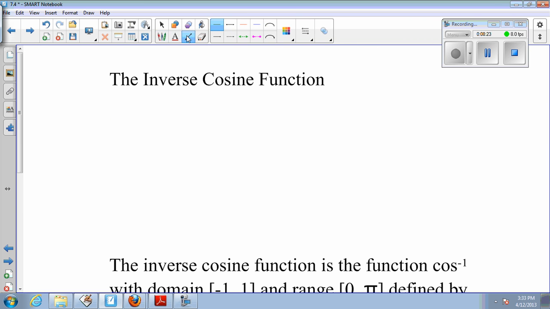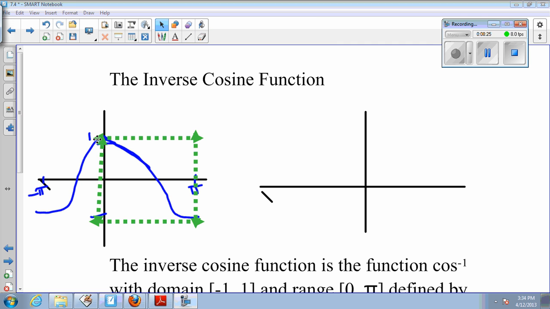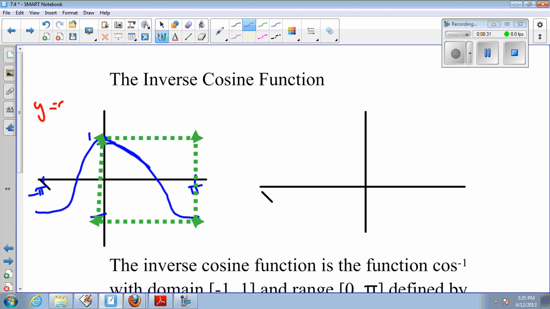Inverse cosine function. So we have a sketch of y equals cosine. So we're going to take from 0 to pi on the x and from -1 to 1 on the y, and we're going to flip it.